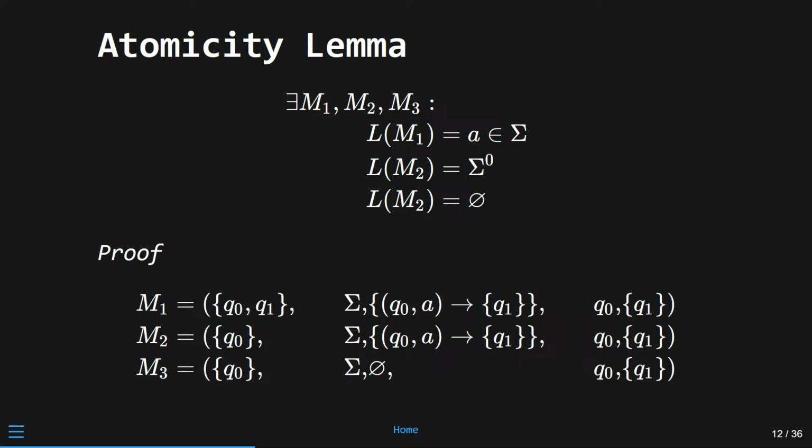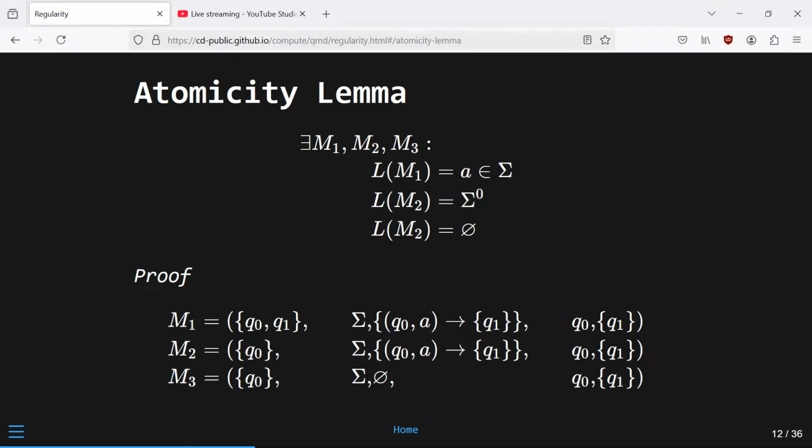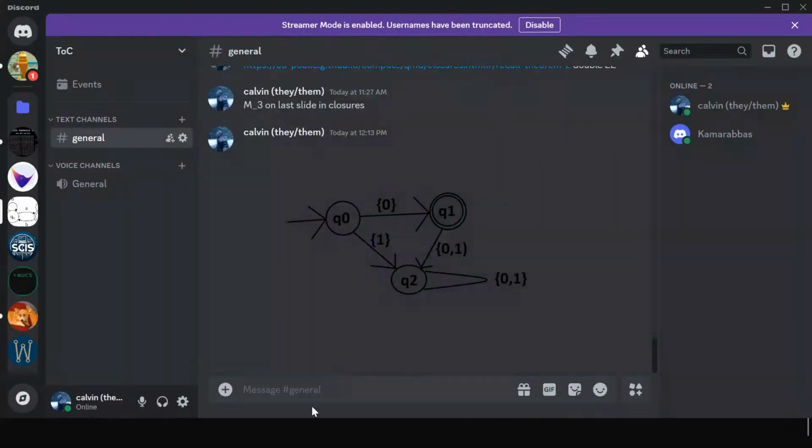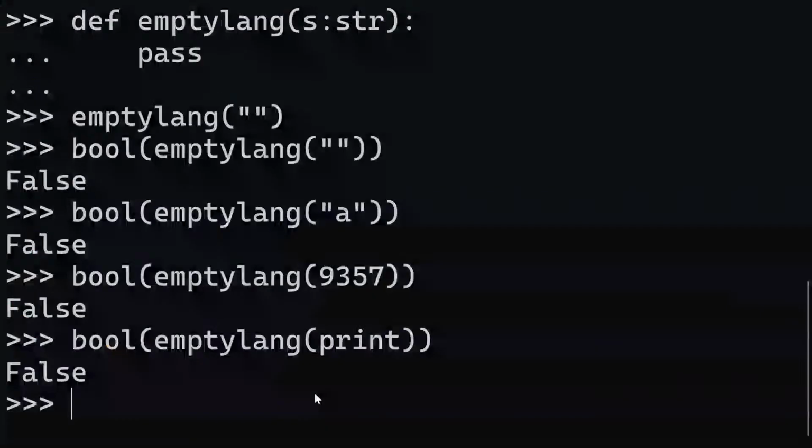I should say Q0, because it's the same, right? I only have one state. Oh, I did. It must be the acceptance state. Okay.